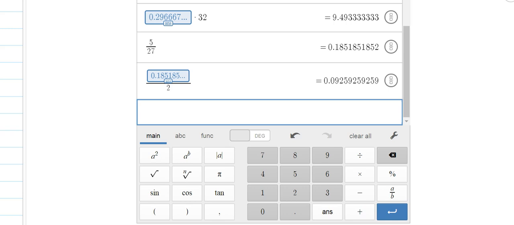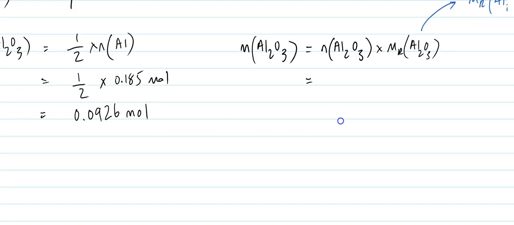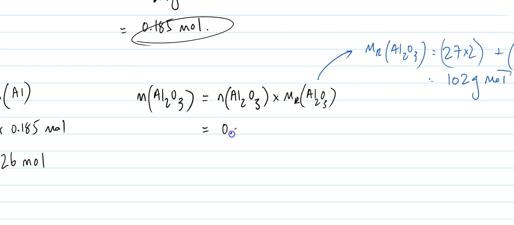So I need to work that out. 27 times 2 plus 16 times 3. 102. 102 grams per mole. So we go 0.0926 mole, that's the number of mole of aluminium oxide that we have, times 102 grams per mole.